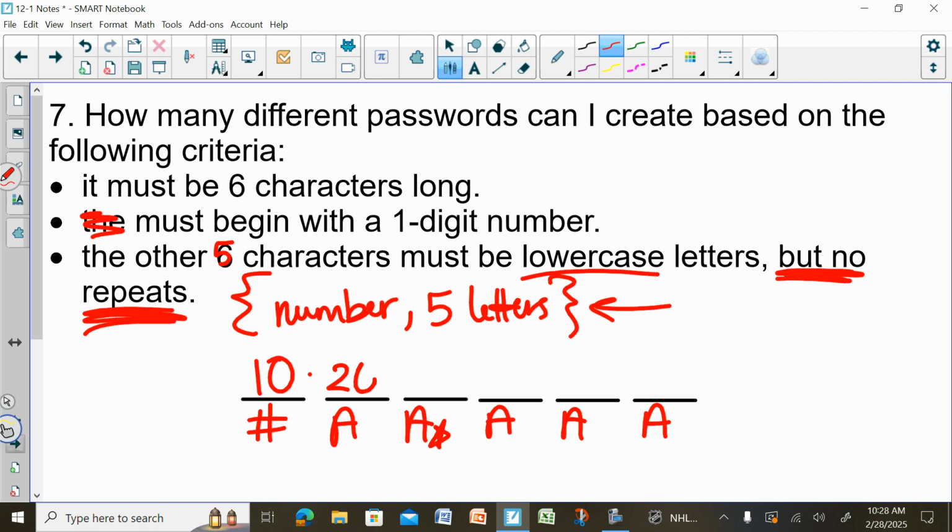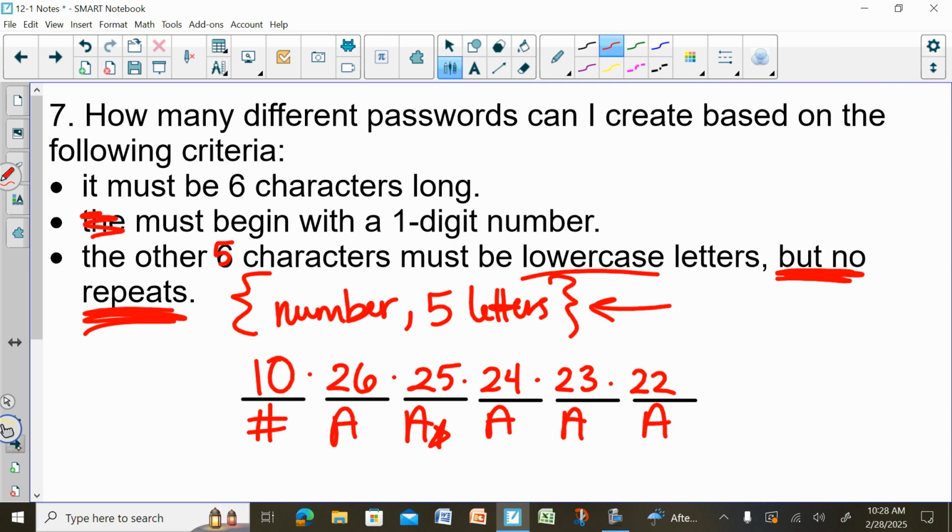So for this first letter, I had 26 choices, but once that letter is there, I don't care what letter it is, that letter is no longer in circulation to be chosen because we can't repeat. So then I have 25, 24, 23, and 22 options.